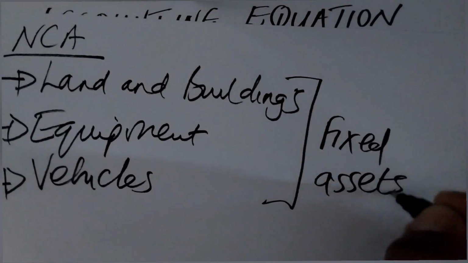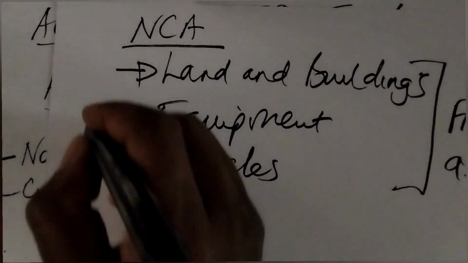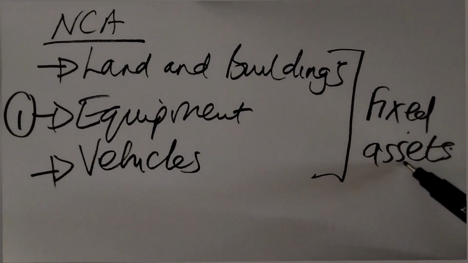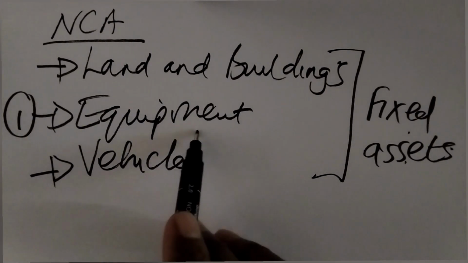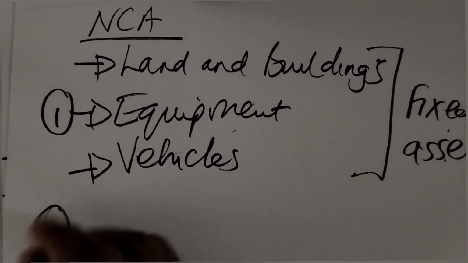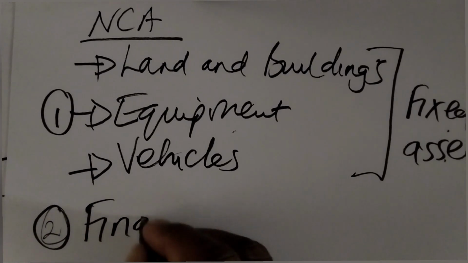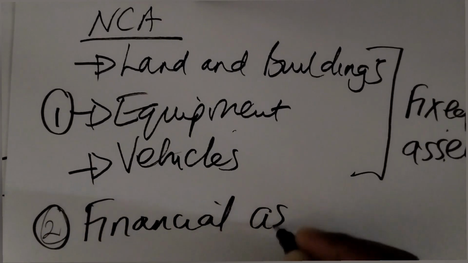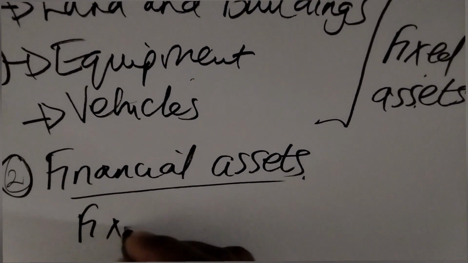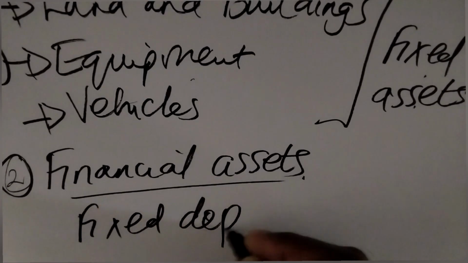So the first category of non-current assets is your fixed assets, which are made up of land and buildings, equipment, and vehicles. And then the second category of non-current assets is your financial assets. In high school, we basically deal with one financial asset, which is your fixed deposit.